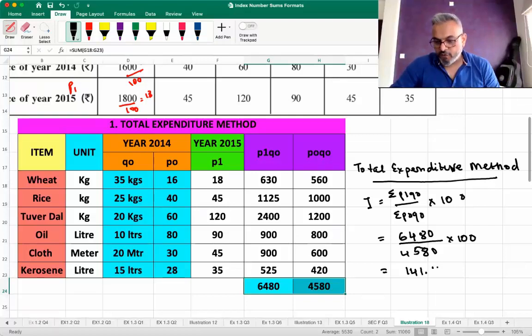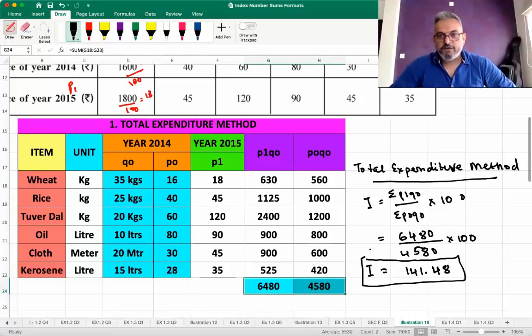So this is as per the total expenditure method.